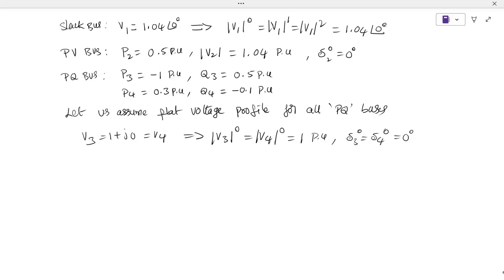See here, Q_P at (k+1) iteration. Initially k is equal to 0.